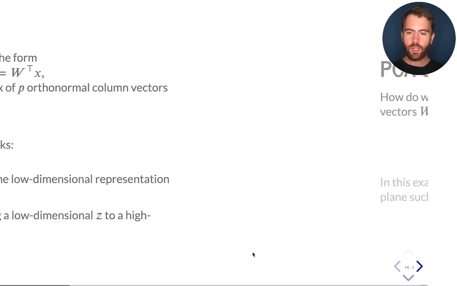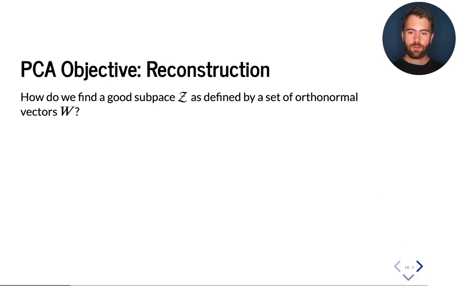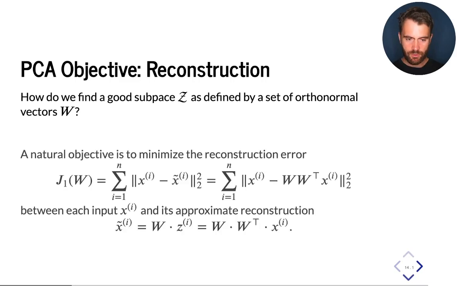Now, given this model, how do we learn it? PCA can be thought of as optimizing two different objectives, which I'm going to later show are equivalent. One way of defining this objective, and it's a very natural one, is the reconstruction error. The question this objective tries to solve is, how do we find a good low-dimensional subspace where our data lives, that would be a good low-dimensional representation?